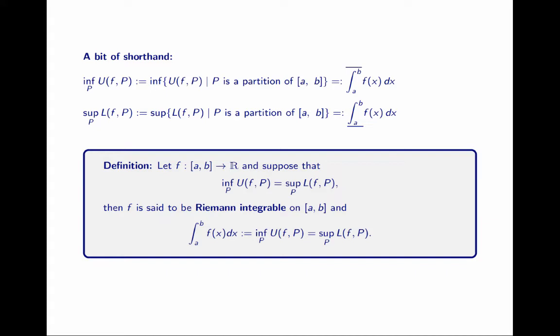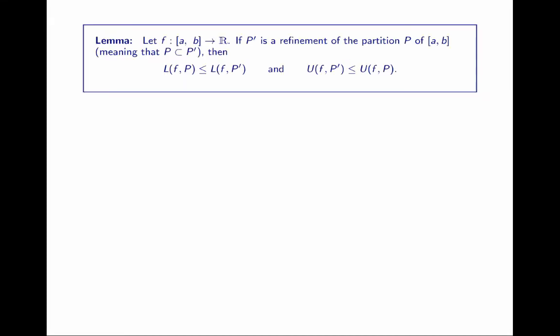Furthermore, the integral is equal to the infimum of upper sums, which of course is equal to the supremum of lower sums if the definition is satisfied. Okay, and now we're ready.